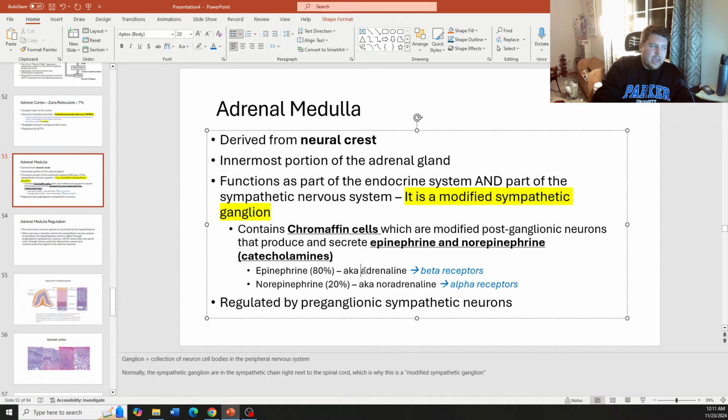The AKA for epinephrine is adrenaline, that we've probably heard about more. Norepinephrine is noradrenaline. Both of these do similar jobs.